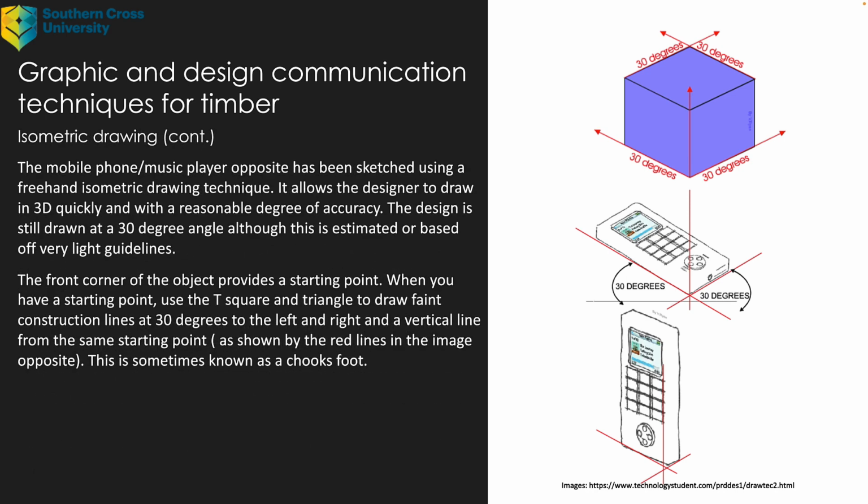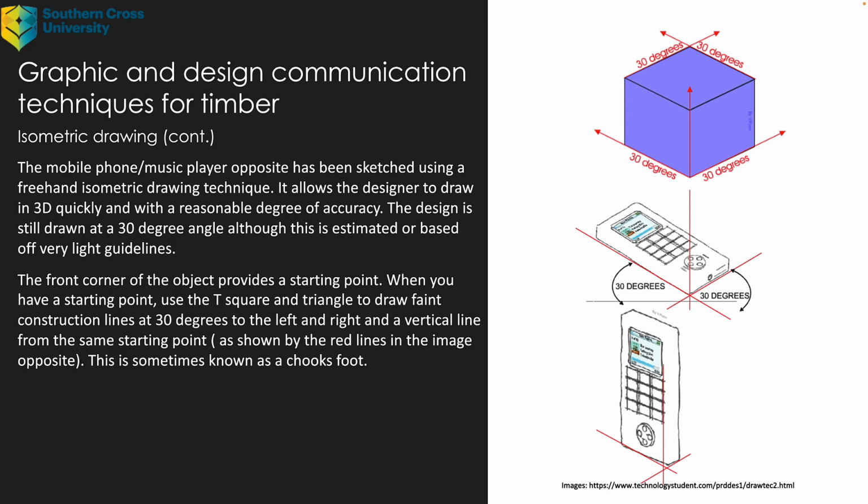So the mobile phone music player opposite has been sketched using a freehand isometric drawing technique. It allows the designer to draw in 3D quickly and with a reasonable degree of accuracy. The design is still drawn at a 30-degree angle, although this is estimated or based off very light guidelines, as I discussed. The front corner of the object provides a starting point.